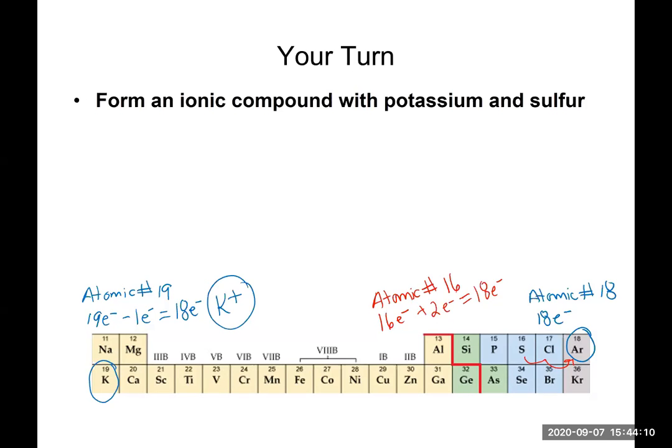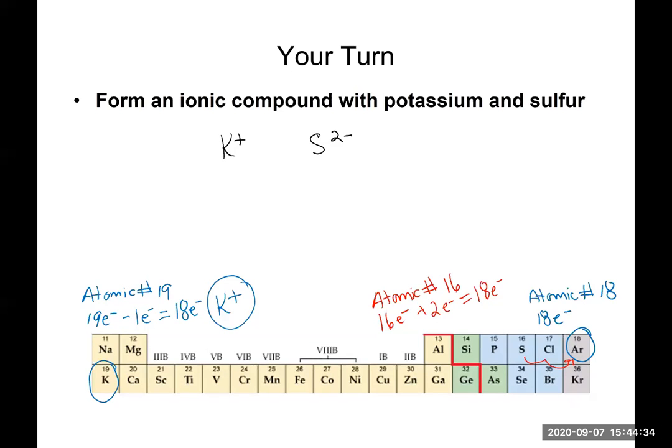So how does all of this work in terms of now writing the chemical formula? Well, we see that we have potassium with a +1 oxidation state, and since sulfur has gained 2 electrons, we have sulfur with a 2- oxidation state.